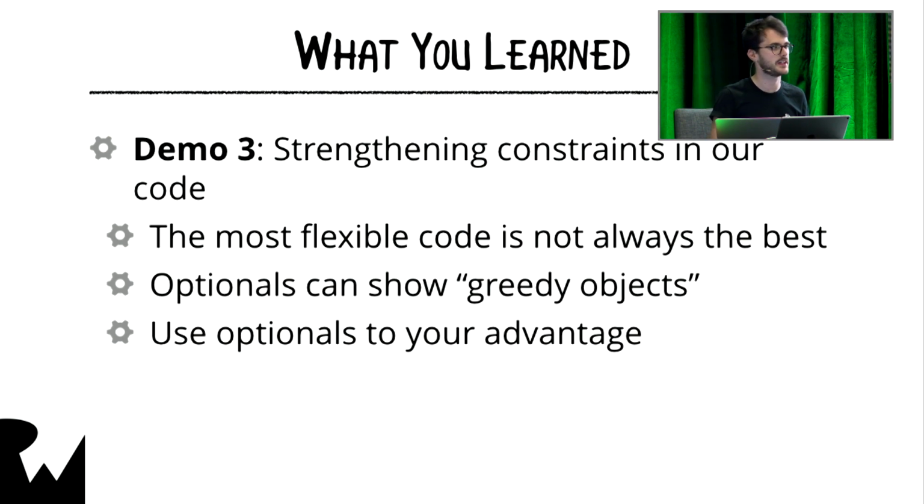You can use it to indicate problems with your modeling or problems with your life cycles, such as we saw in demo 1, where we had the implicitly unwrapped optionals. And it's actually a really powerful thing. Never make something optional that doesn't need to be, basically. I see a lot of things where people use optionals because it's easier to initialize an object, but actually it's more lines to do it with optionals than not.